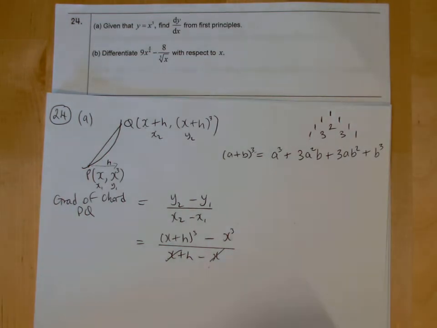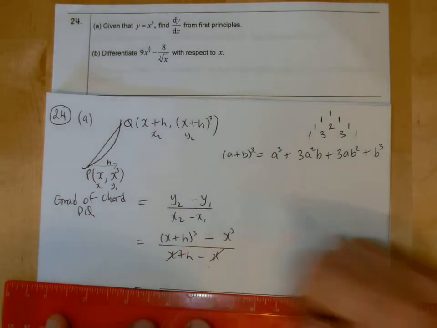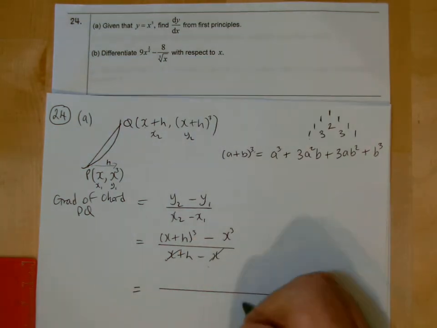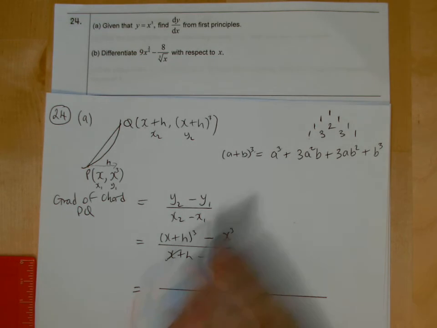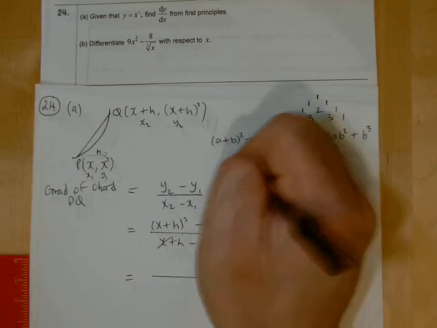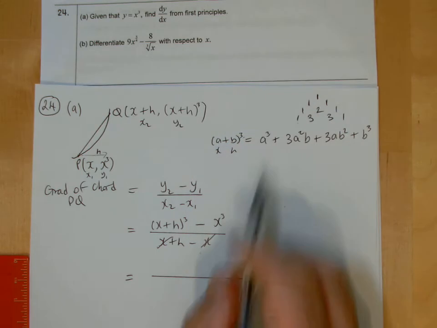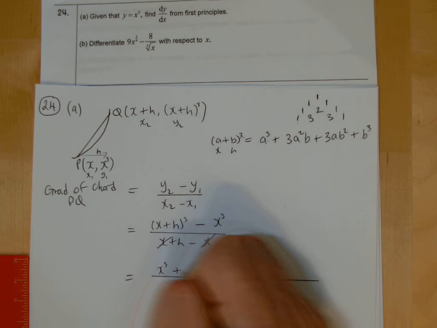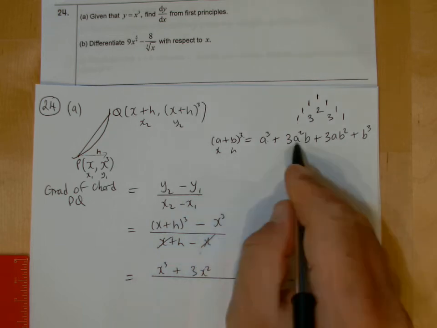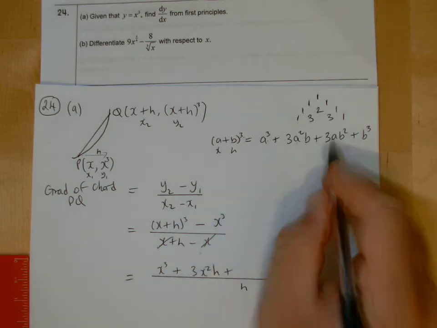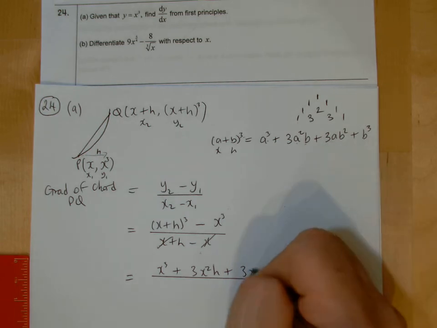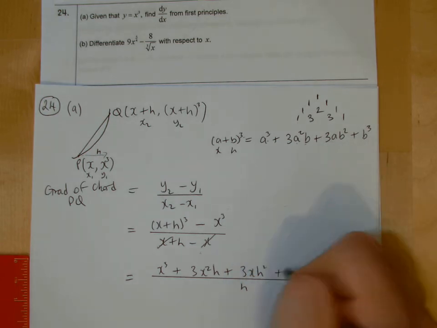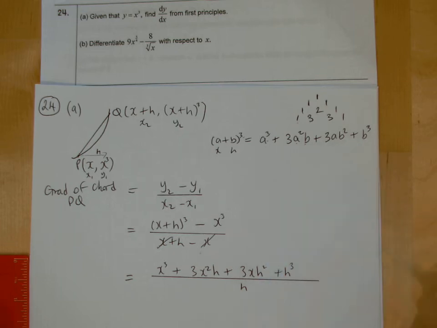So what we can do is just use that result in here, so slightly longer line this time for a fraction, h on the bottom. So if we just substitute in, that would be my x, won't it? And that'll be my h. So I'll have x cubed there, plus 3x squared h, plus 3x h squared, plus then, what will that be, h cubed, yeah?